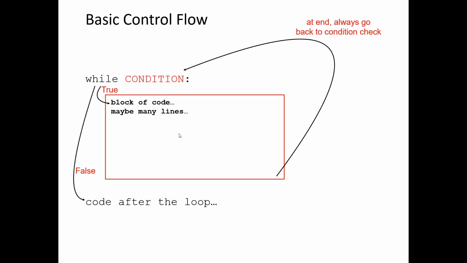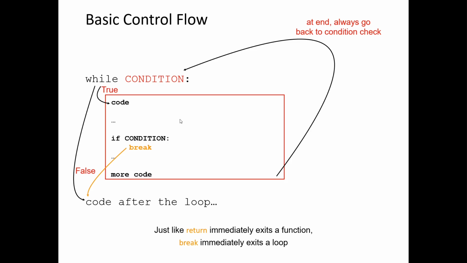If the condition evaluates to false, then we jump to the code after the loop and don't execute any of these lines. When we get to the bottom of the block, we jump back up and check the condition again. So hopefully there's something inside this block that changes the condition. Otherwise, we'll have an infinite loop.